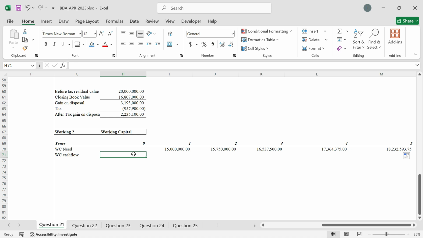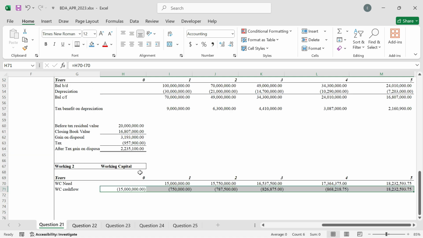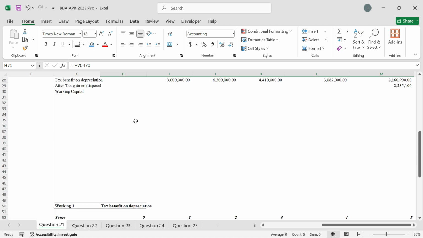The cash flow starts from year 0, so the value here will be this blank cell minus the next year value to give me the cash outflows in incremental amounts and then the final cash inflow. Again, I can bring this to the top.